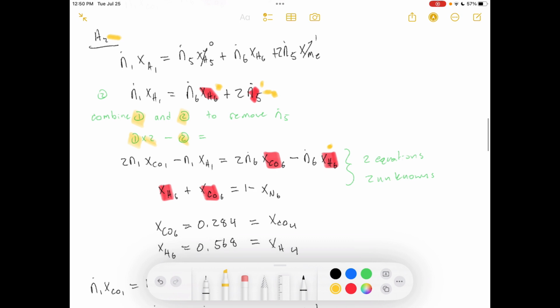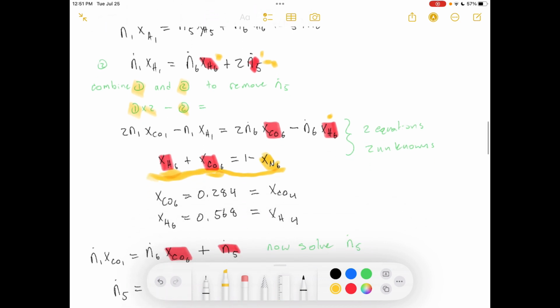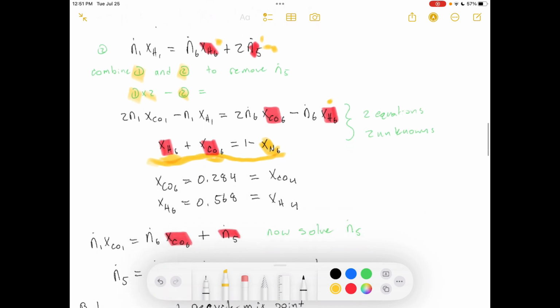And because H6 and CO6 are combined in this process spec, where if you add up all of the mole fractions of a single stream, it equals 1, and we know what XN6 is, now we have our second equation. Two equations, two unknowns, and we can solve for those.